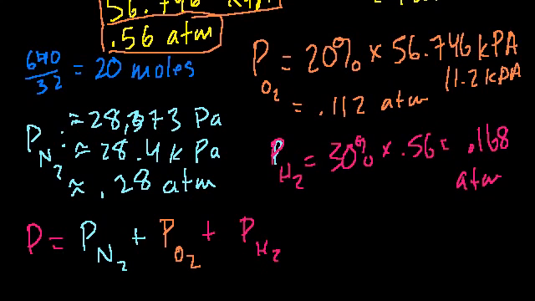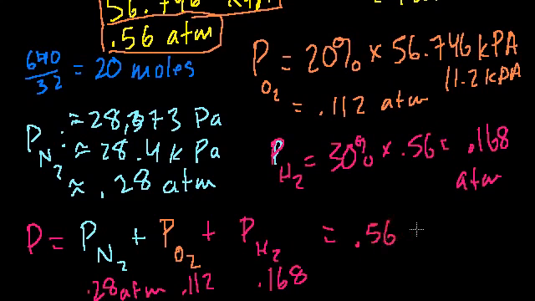This one we figured out was 0.28 atmospheres. The oxygen was 0.112 atmospheres, and this was 0.168. And if you add these together, you will see indeed that they add to 0.56 atmospheres, which was the total pressure of our system.